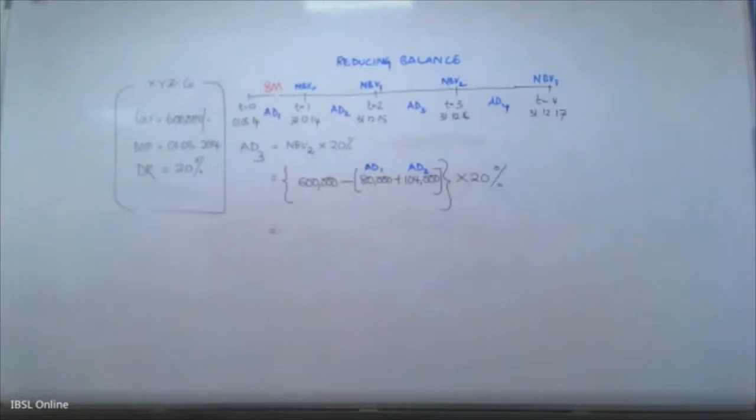That is 600,000 minus 184,000, into 20%. $83,200.